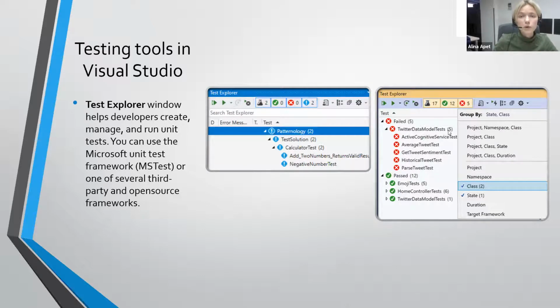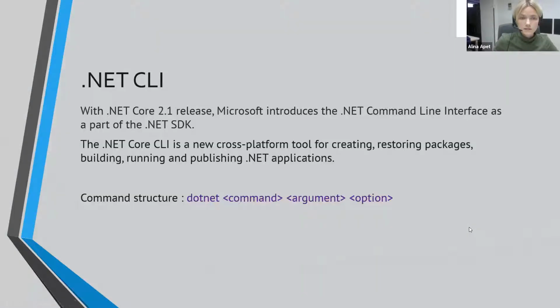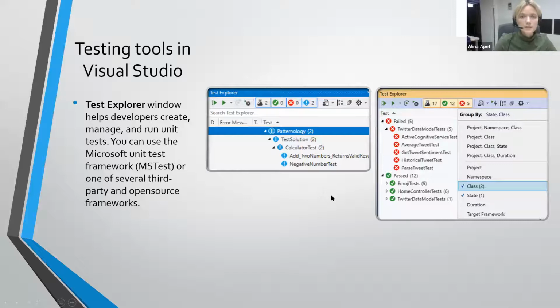I will further show you how we can group tests in Test Explorer. So not seeing them in a plain list, but selecting the tests we need, by class, for example, by feature, even by absolute path in the solution, and so on.